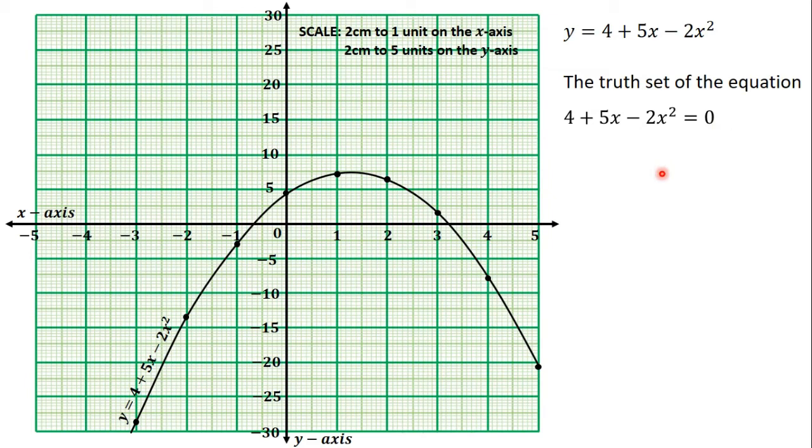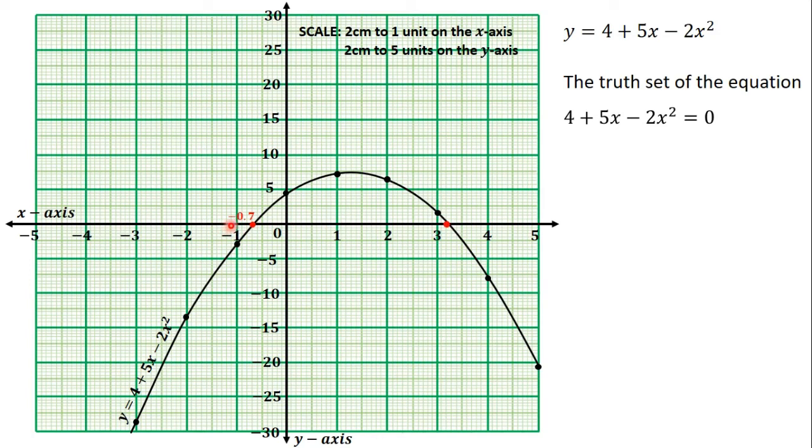From the previous video, we learned that the solution of this equation is the x-intercepts. So the x-coordinate at the point where the curve intersects the x-axis. The curve intersects the x-axis at two places. We have the first one here and the second one here. So you read the x-coordinates at these points.